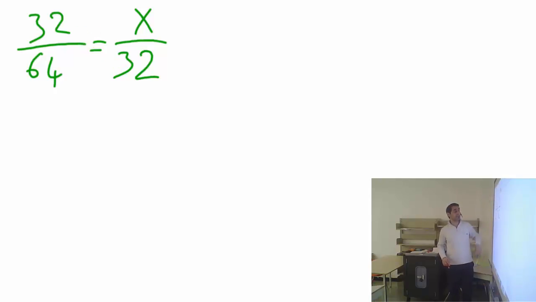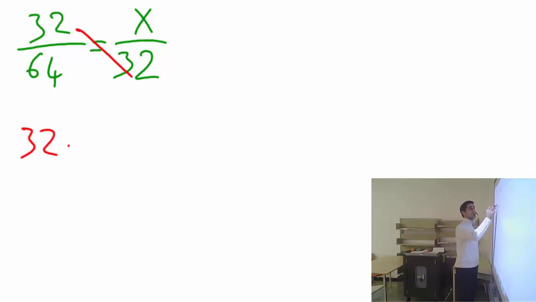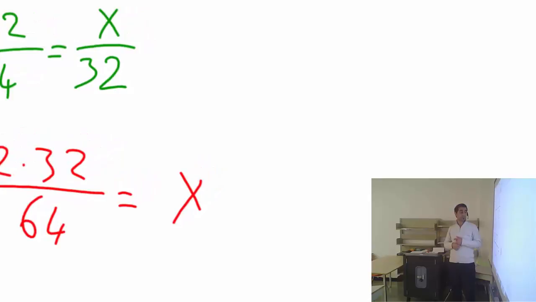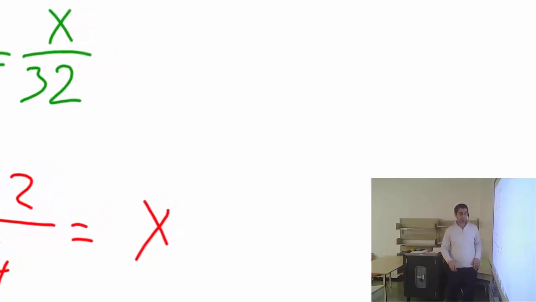How do I do that? 32 times multiplication. This is going to go up to multiply. 32 divided by, I didn't make any changes here, 64 equals x. And I don't have to do divided by 32 because it's already on the other side. Now x is alone. So all I have to do is calculate that.